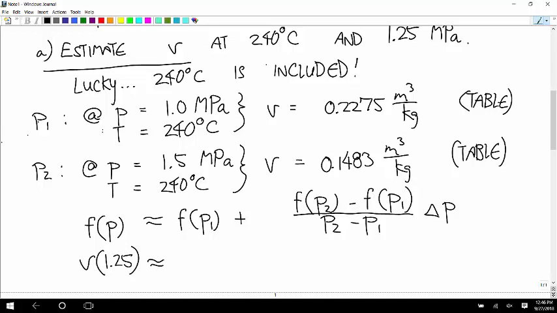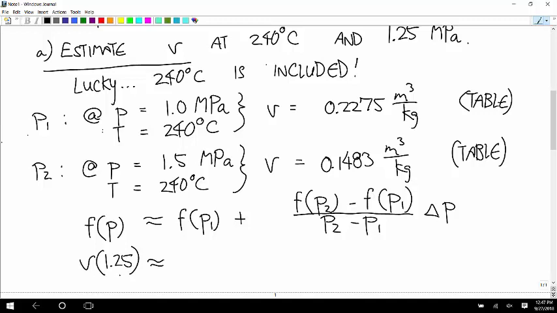So this wouldn't work if we knew this at a pressure of 1.0 megapascals and then also at 1.1 megapascals. That's not interpolation, that's extrapolation, and you can usually expect that to be inaccurate. So it has to bracket.